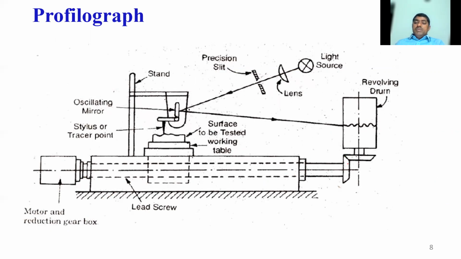There are 2 shafts, and on the shaft there is a bevel gear, and there is another bevel gear to transfer the motion from one direction to the perpendicular direction. On this shaft a revolving drum is mounted, and on this revolving drum a sensitized film is stuck.